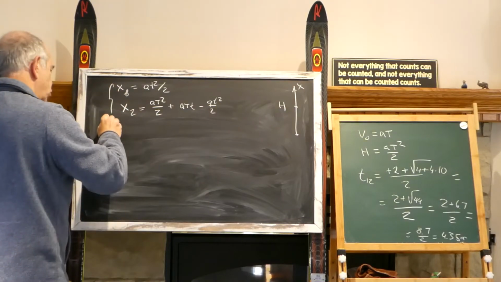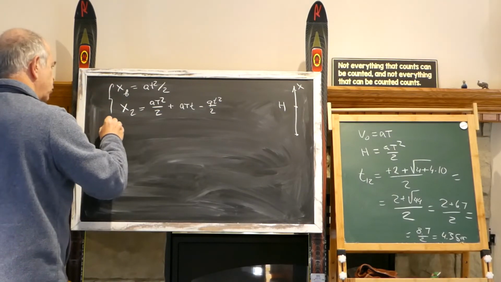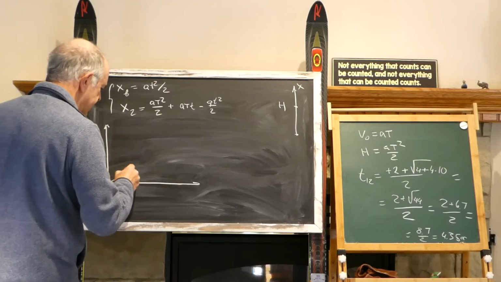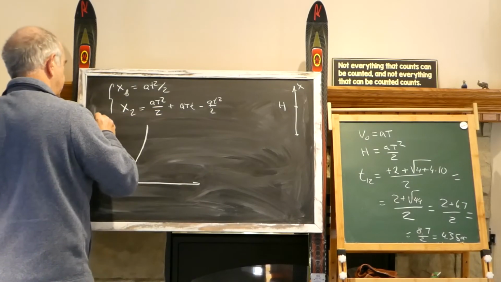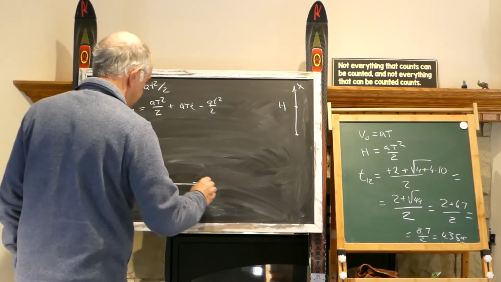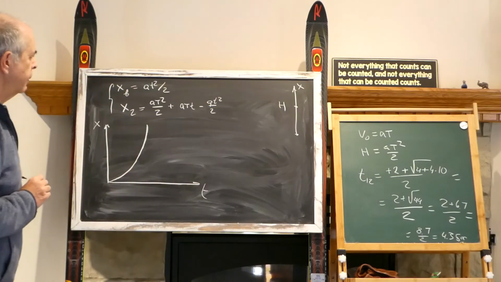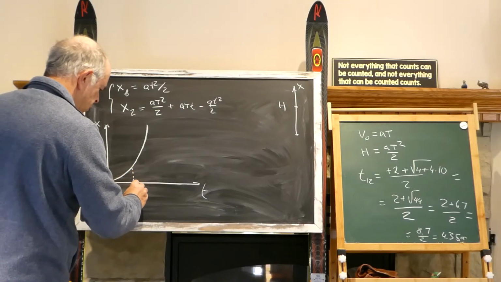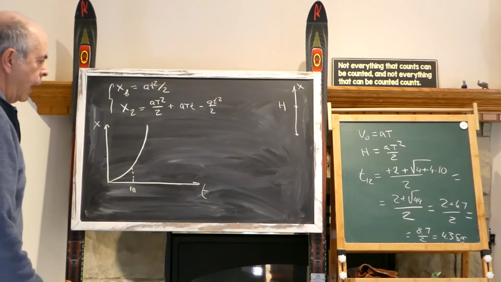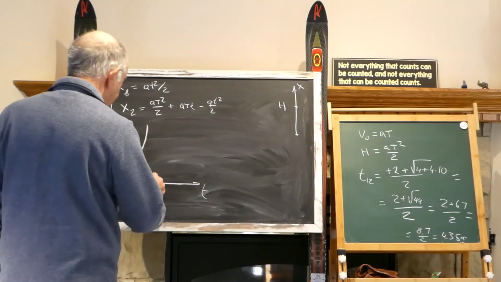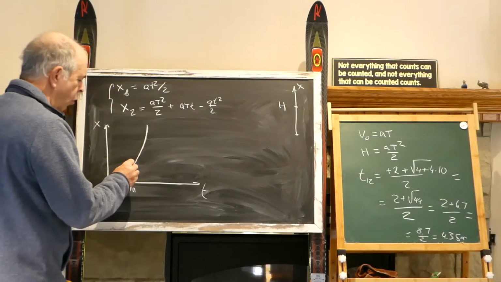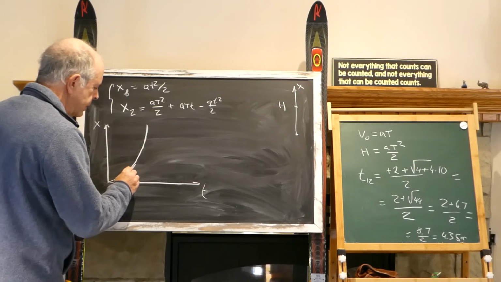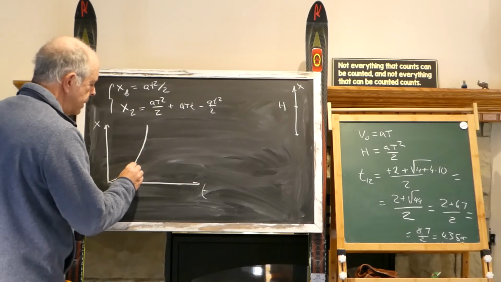So if I draw a graph of the first body, the balloon, it would be x, and it would be t, and this would be 10 seconds. And from here we have the free falling body, and it will start with the same speed.